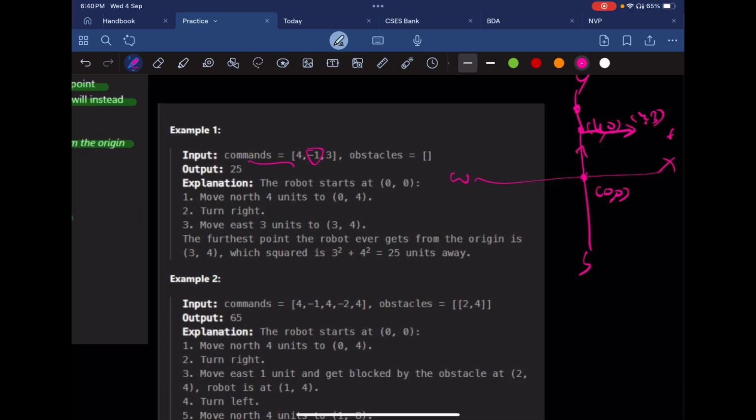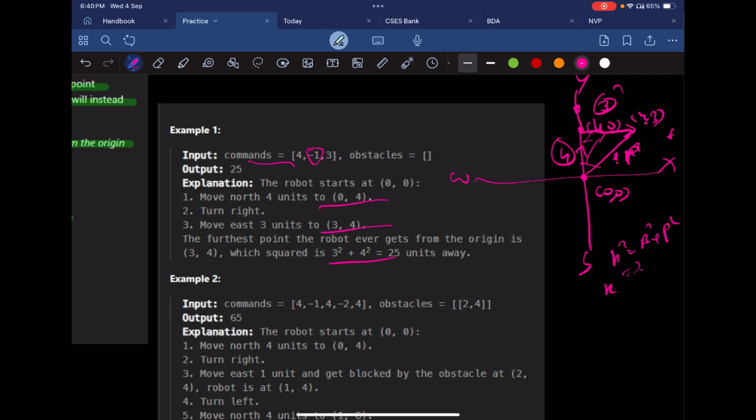Now from 0, 0 to 4, comma 3, we have to find this distance. So this is 0, comma 4, 3, comma 4, and how can we find this distance? We have 3, 4, and this is the hypotenuse, and this is the perpendicular. Hypotenuse square is equal to base square plus perpendicular square.